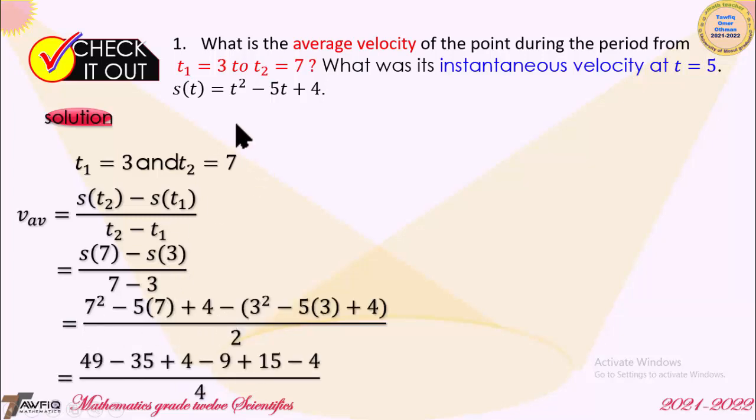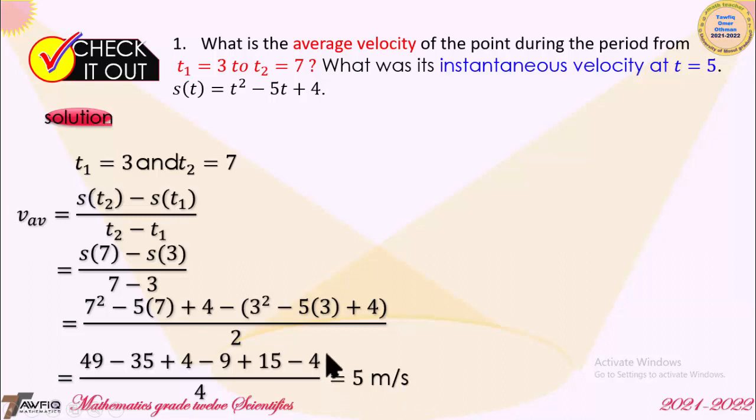Replacing 7 in the position function, it becomes 7² - 5 times 7 + 4, minus (3² - 5 times 3 + 4). 7² is 49 and 5 times 7 is 35, plus 4, minus 3² is 9, minus times minus is plus, then 5 times 3 is 15, then minus 4. Simplifying is 5 meters per second.